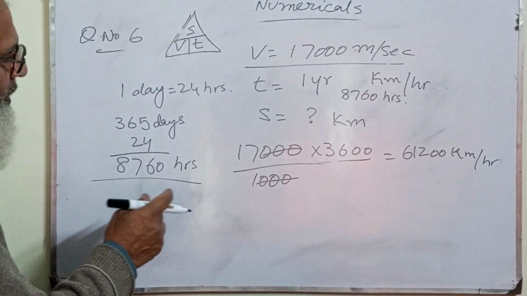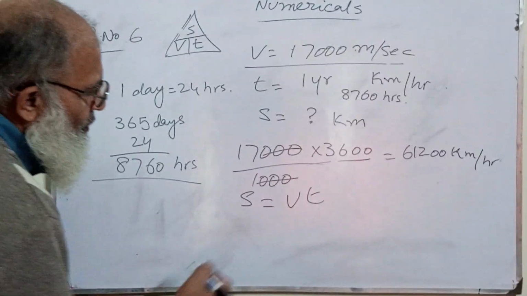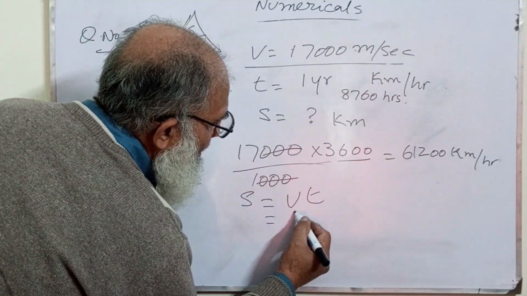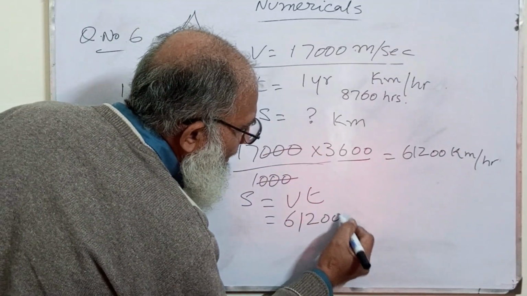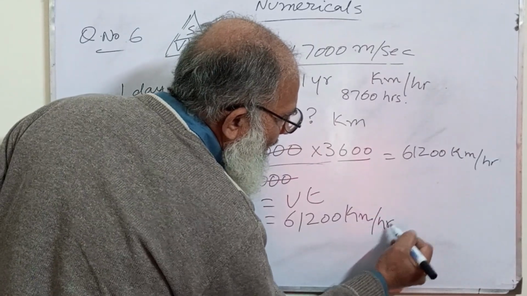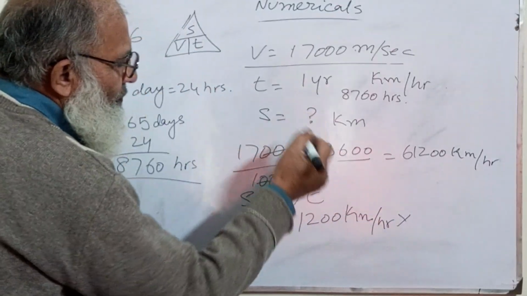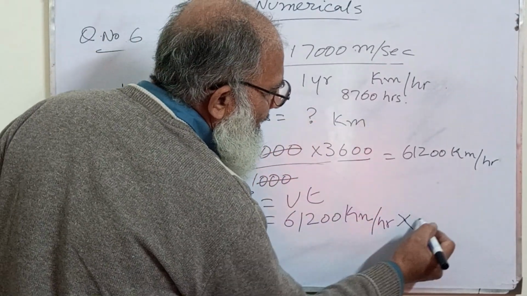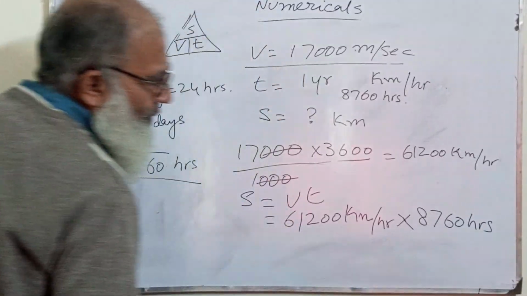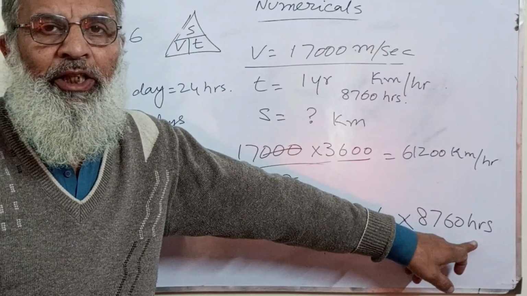V is 61,200 kilometers per hour, and where is T? 8,760 hours.